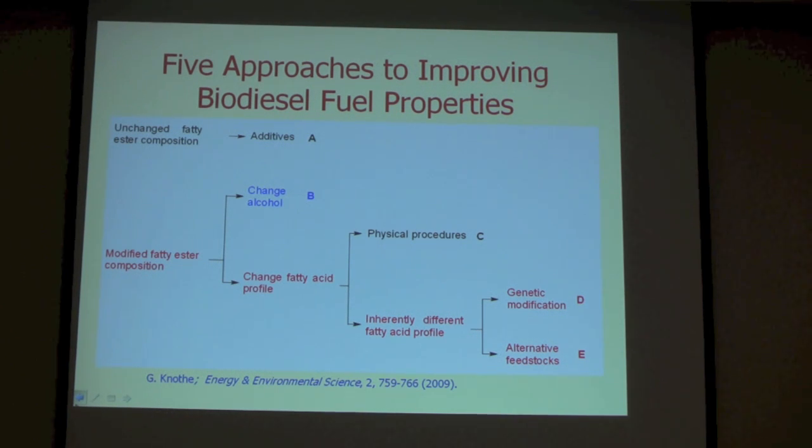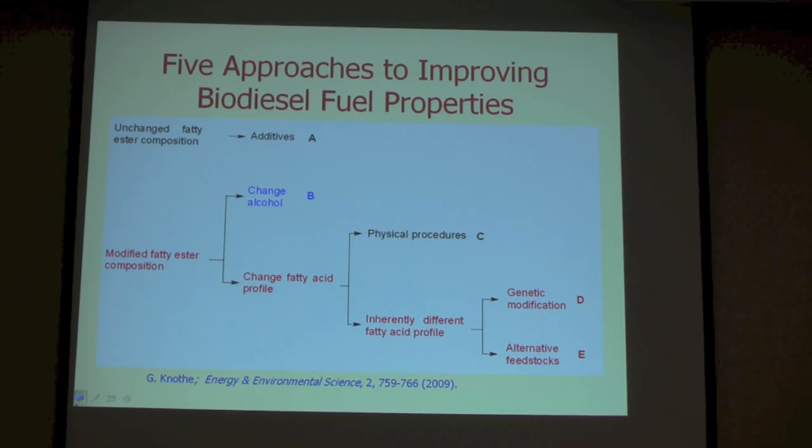So overall, you could say there are about five approaches to improving biodiesel fuel properties. One is just using additives, with unchanged fatty ester compositions. I'm not going to talk about that very much. Then you can have a modified fatty ester composition. And I actually need to say fatty ester here too, because when you're making biodiesel you're taking two components, the acid and the alcohol.